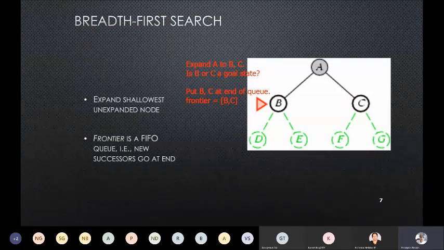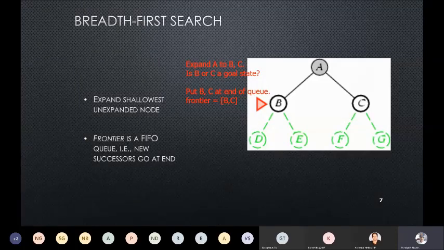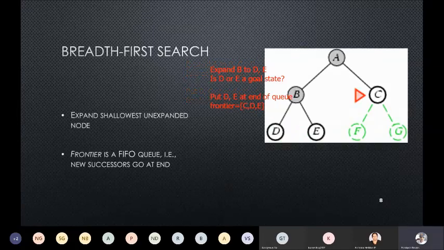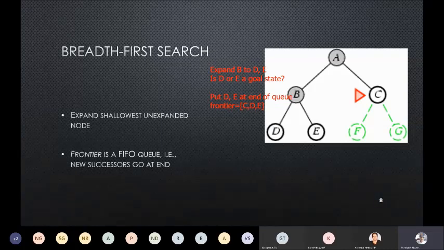So in practice, first we look at node B, and then we look at node C. There is no hard and fast rule about why B, why not C. Here we are just going from left to right, but you can also visit node C first and then node B. That is also fine. And then from B, we look at node C, because C is equidistant from A. What do we mean by equidistant? That by visiting only one edge, I can reach both B and C from node A.